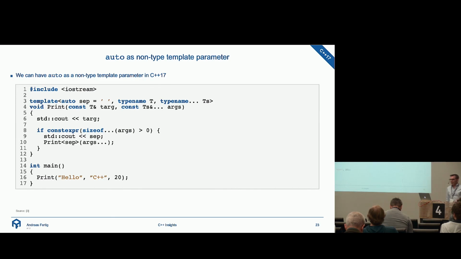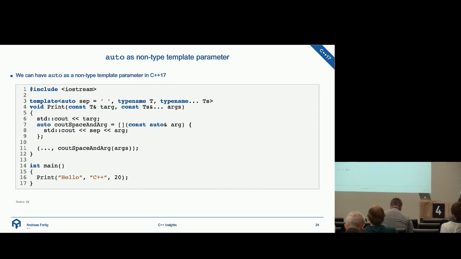But C++17 gave us something more. We got fold expressions. So I can change this example slightly, applying lambdas, another liked feature, together with fold expressions to achieve the same thing.